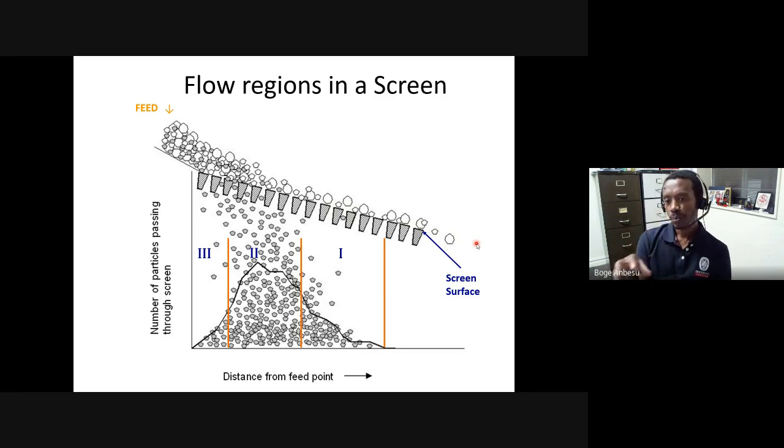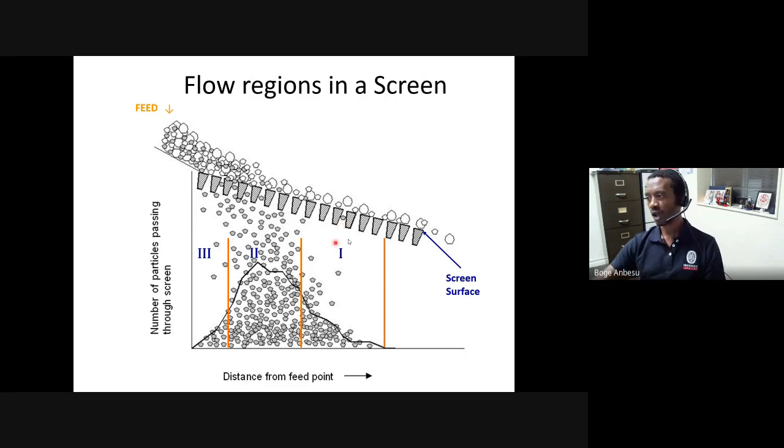When you operate your screen, you need to target different aspects and maximize different zones. For example, zone 1, or region 1, is mainly composed of coarse particles, so essentially no screening is happening here. When we say screening, we're talking about fines reporting to the fine portion and coarse particles reporting to the coarse.